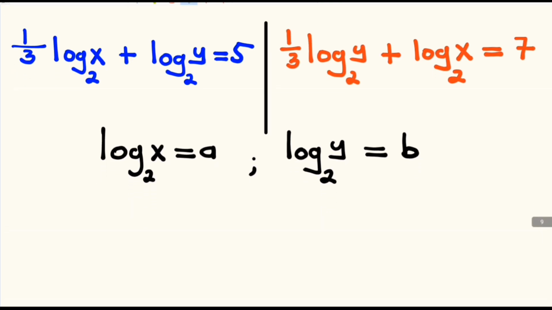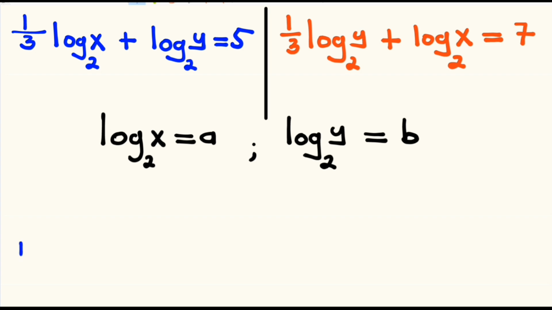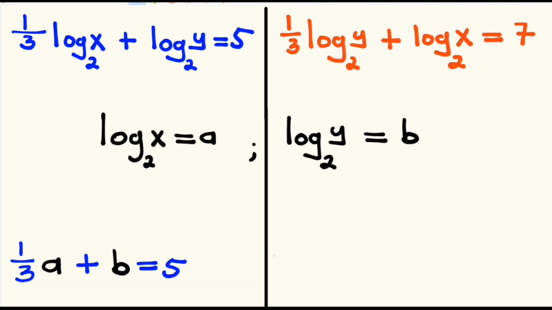Let's substitute. We have 1 divided by 3 multiplied by the log base 2 of x, and we substitute a, plus in the place of the log base 2 of y, we substitute the letter b, and this will be equal to 5. On the other side, we have 1 over 3 multiplied by the log base 2 of y, for which we substitute the b, plus in the place of the log base 2 of x, we substitute a, and this will be equal to 7.